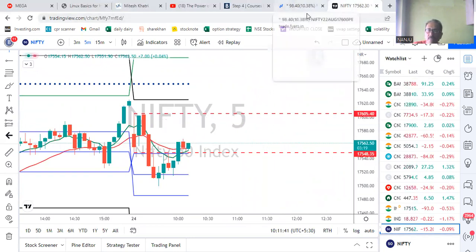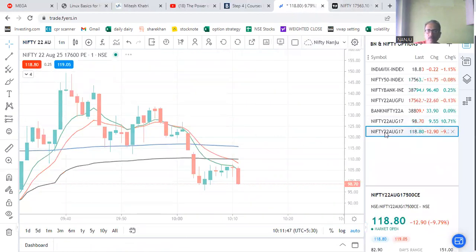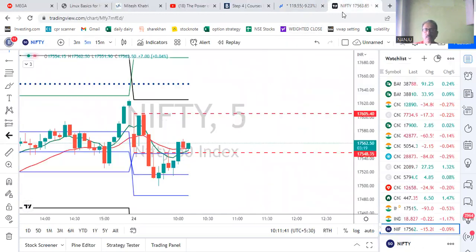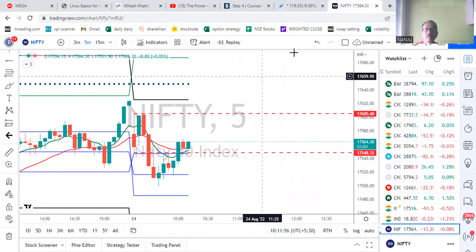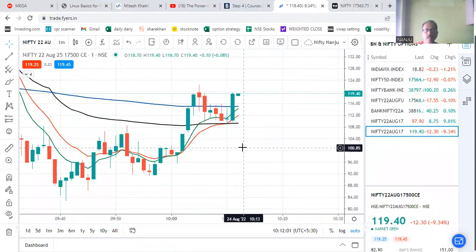Now, let me see. It is very risky to buy a put option. I'm sorry, it is very risky to buy a call option.